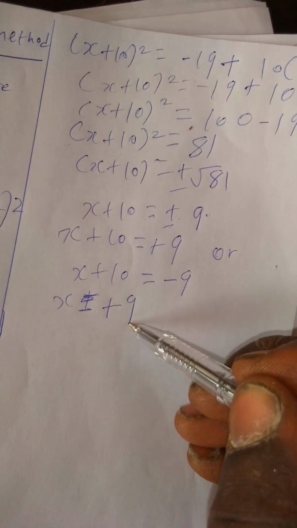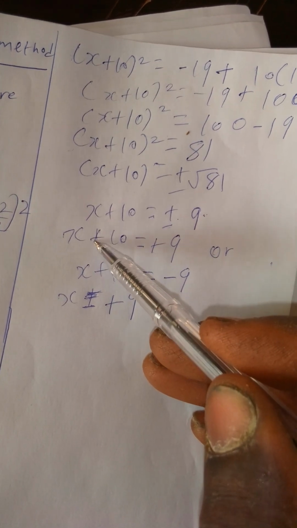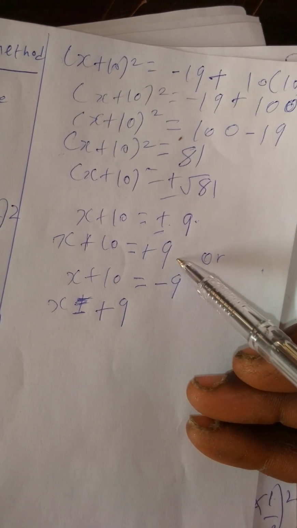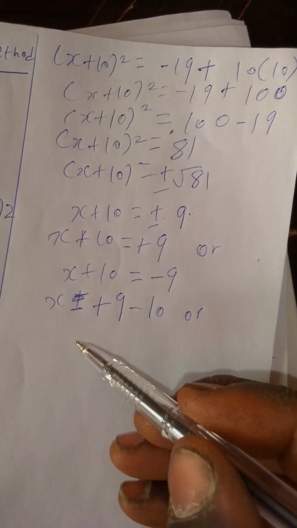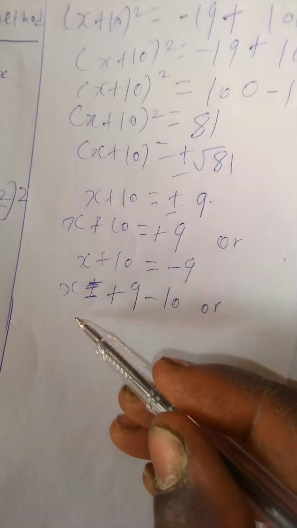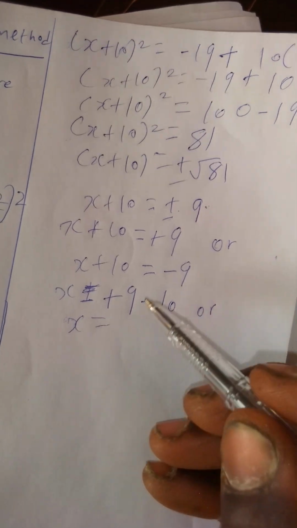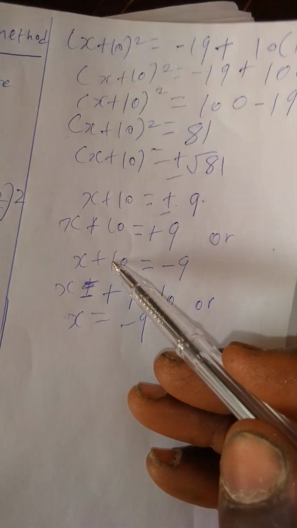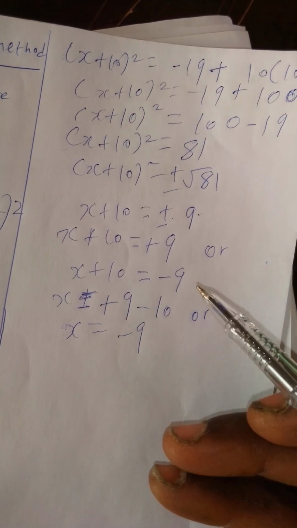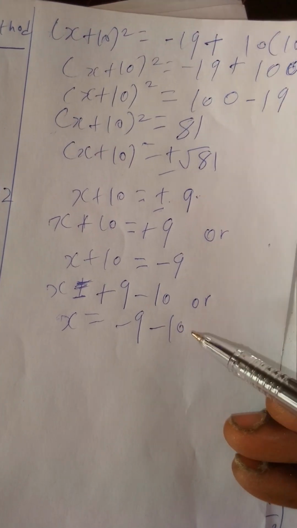And this plus 10 will cross the equal sign and become minus 10. Or from here, x equals to minus 9, and plus 10 will cross the equal sign and become minus 10.